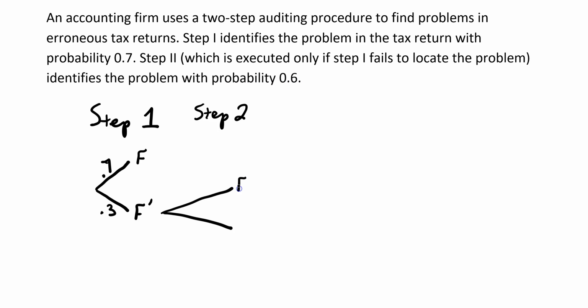So step 2 finds the problem 60% of the time and doesn't find the problem 0.4 or 40% of the time. I know this is 0.4 because I know the numbers on these 2 branches must add to 1. I'm going to leave this diagram as is. There are additional questions that we could pose and answer with it.